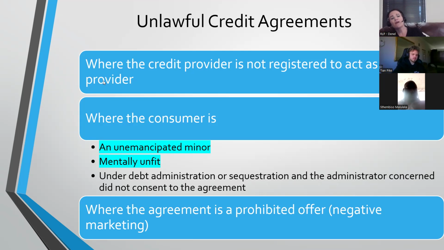So negative option marketing, that's the perfect explanation. And it will come up, I think, 2 or 3 more times during the training, is where a credit provider assumes a consumer wants something just because they did not explicitly tell you they do not want it. And that's not allowed by the NCA.